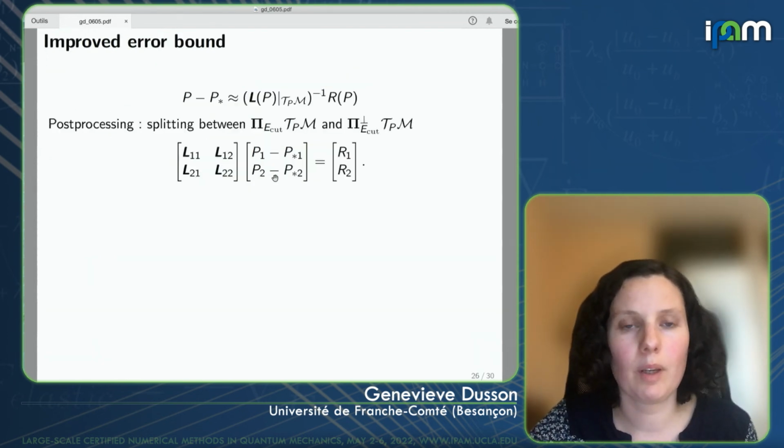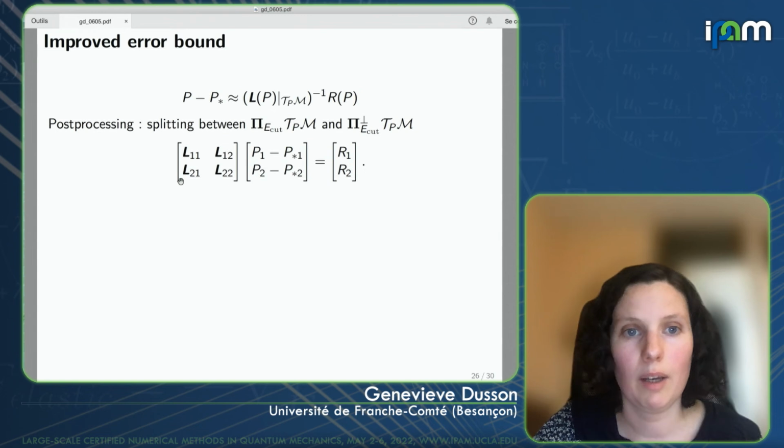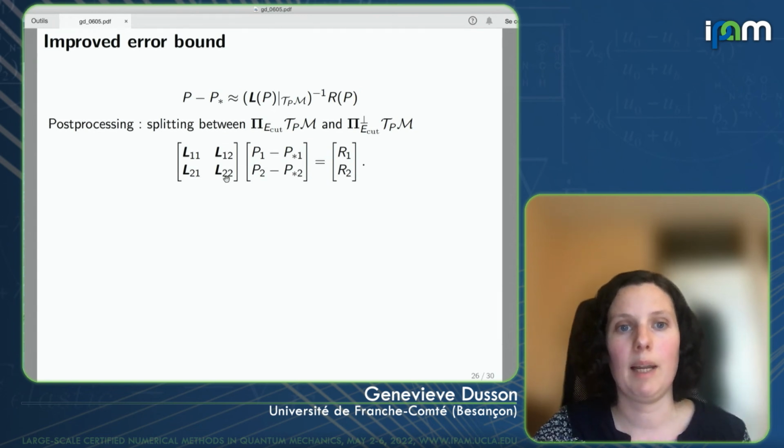And so what we do at the end is that we have this approximate bound of the error on the projectors, and here we have this operator to invert. And so we solve this problem approximately. If we decompose between low and high frequencies, we approximate this part of the operator by 0, and this part by the Laplace operator, which is diagonal in plane waves.